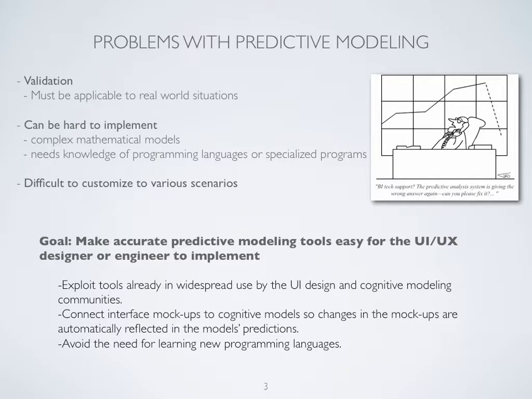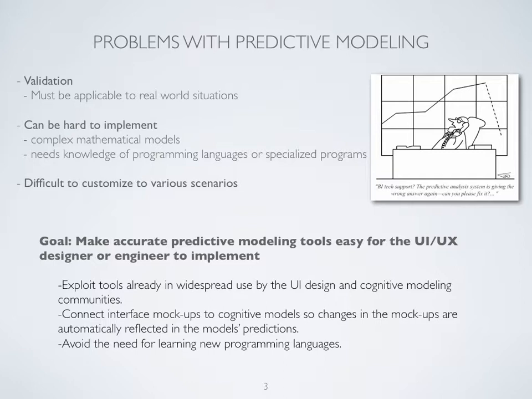So the authors of this paper had a very clear goal: to make accurate predictive modeling tools easy for the UI, UX designer or engineer to implement. They came up with 3 rules that must be kept in mind as they were designing the modeling program.